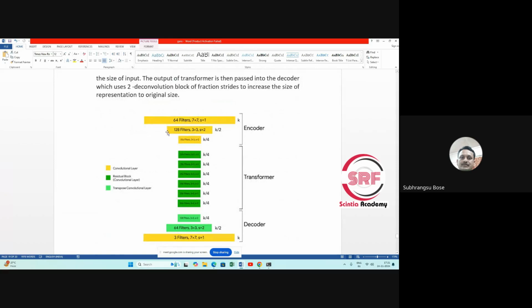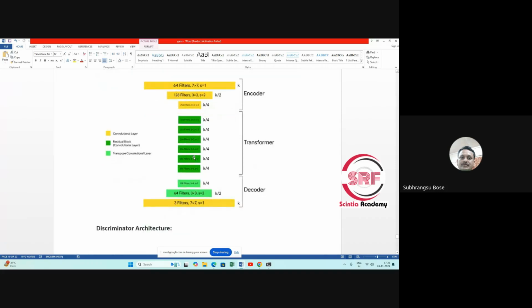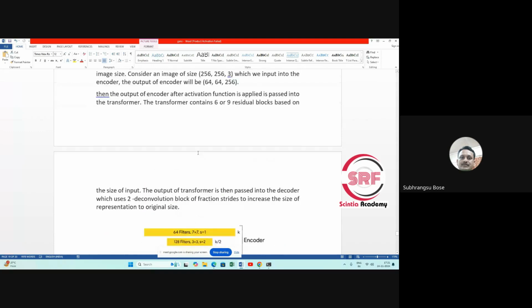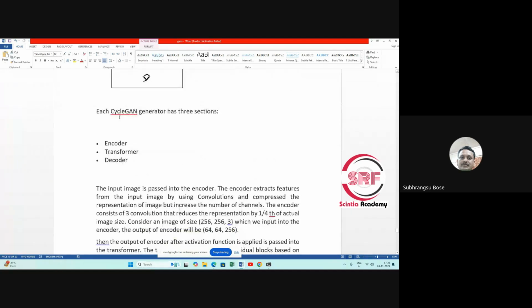Encoder means the input layer, one or two layers. And what is the transformer? It is where I quench all the parameters or data from the image. And then the decoder creates a new domain. This is the structure of the architecture of cycle GAN.